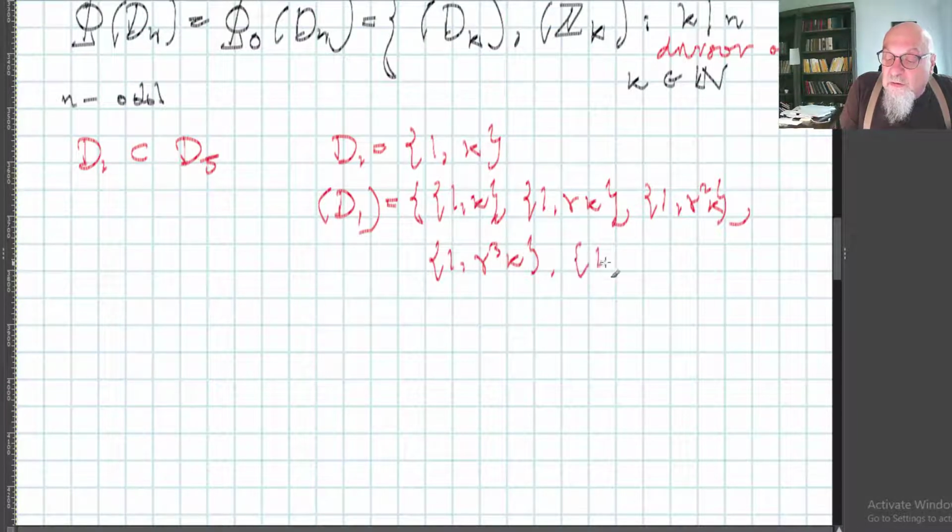And finally 1, gamma^4 kappa. And there are exactly 5 subgroups sitting inside this conjugacy class. As you see, this will not be the case if n is even. If n is even, then there may be differences.